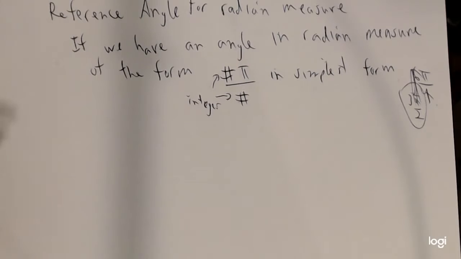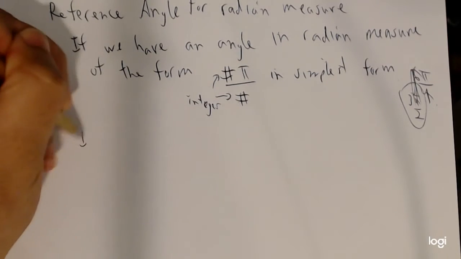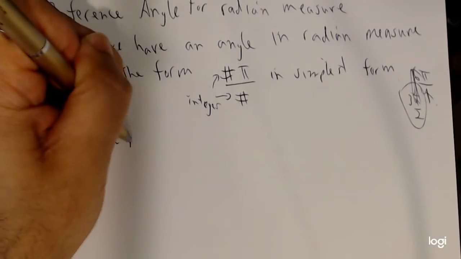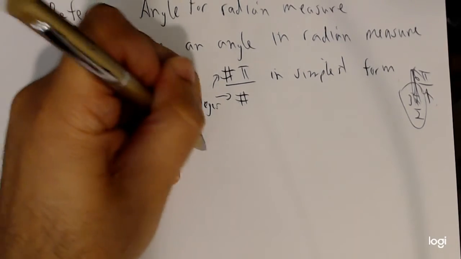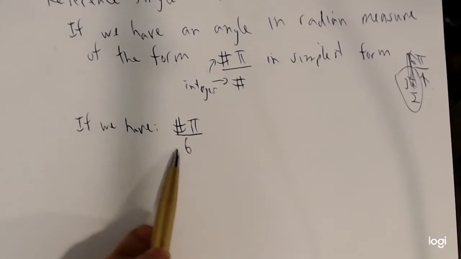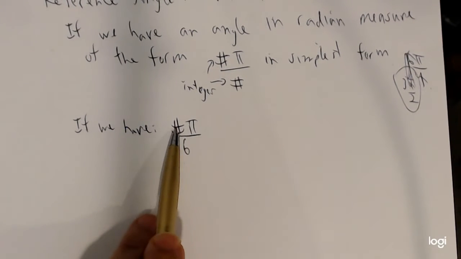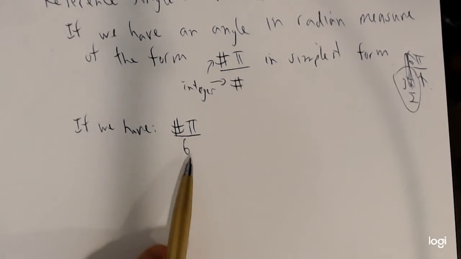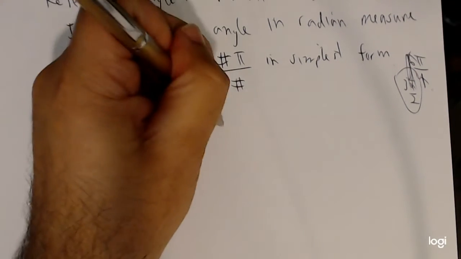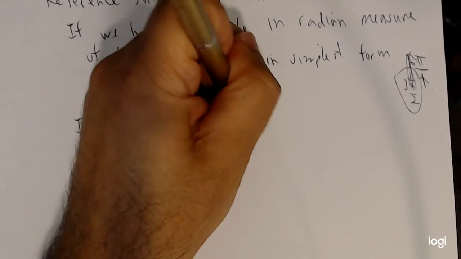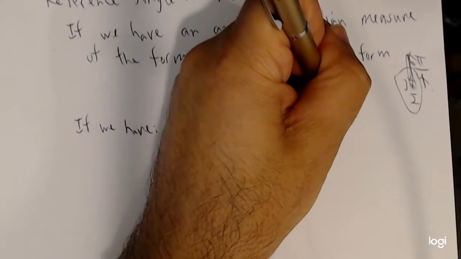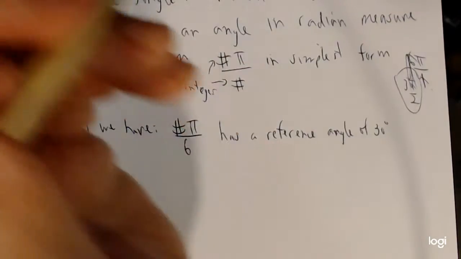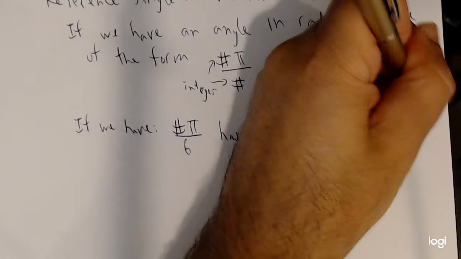Now let me show you how we could easily find the reference angles. So if we have a number pi over 6. Remember, this is in simplest form, and we have an integer pi over 6. And if my number in the denominator is 6, then this has a reference angle of 30 degrees, or pi over 6.